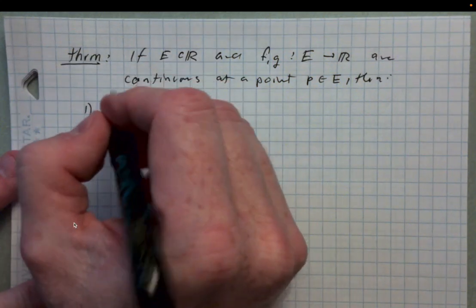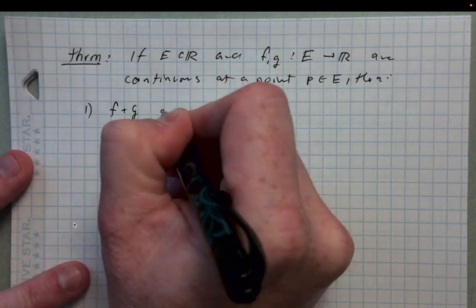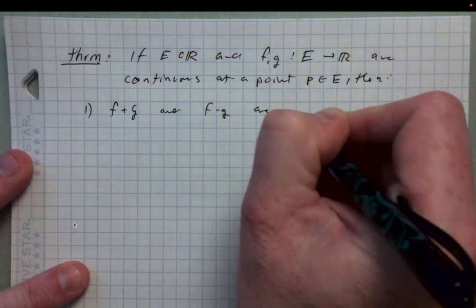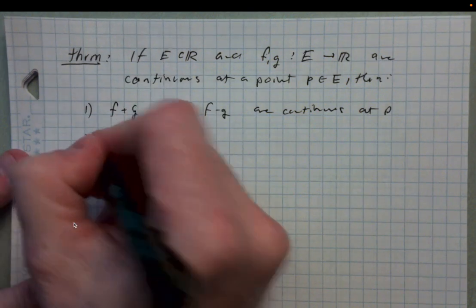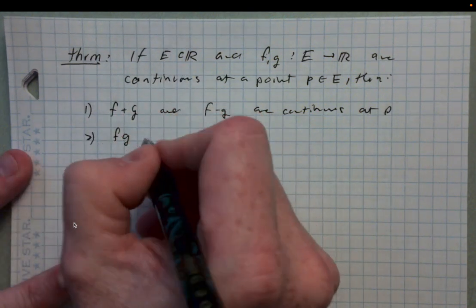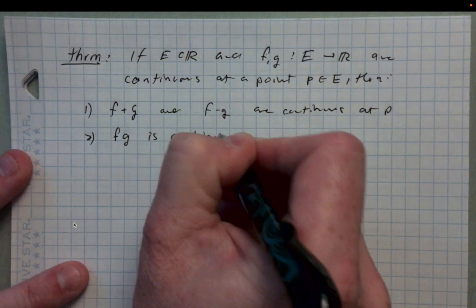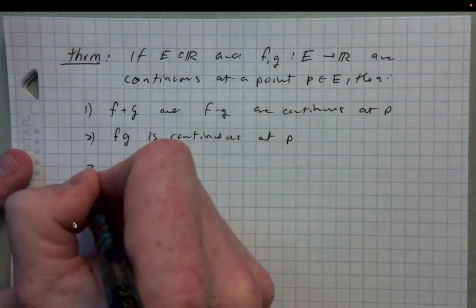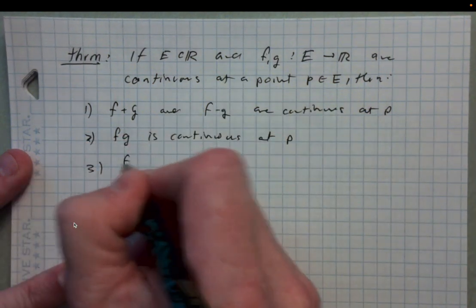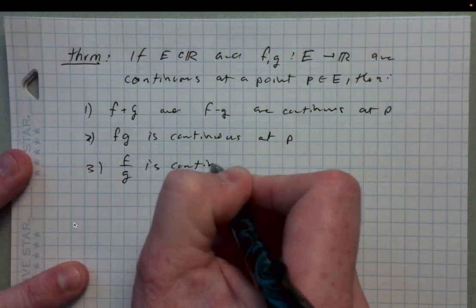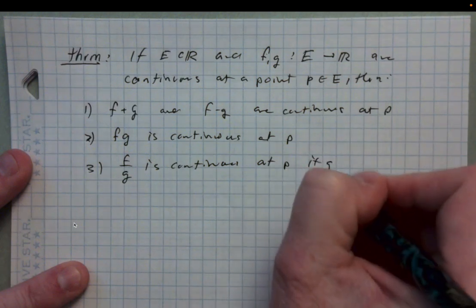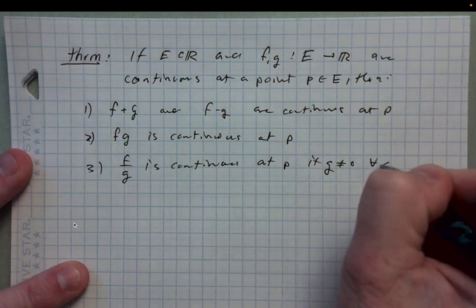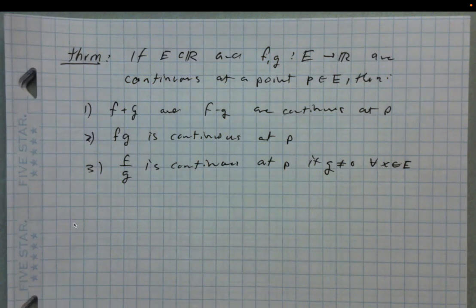The sum and difference are continuous, so f plus g and f minus g are continuous at p. The product of the functions, f times g, is continuous at p. And the quotient, f over g, is continuous at p if g is not equal to 0 for all x in E. So basically that denominator has to be non-zero on the entirety of the domain.